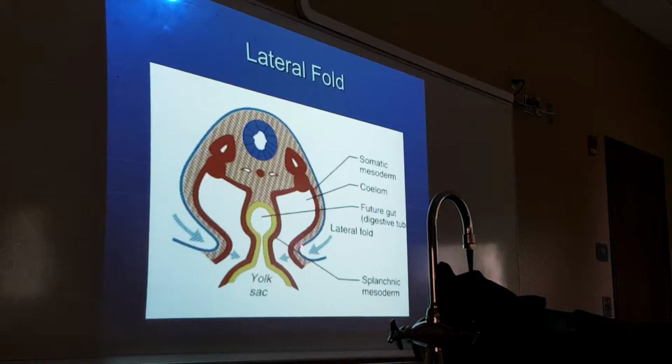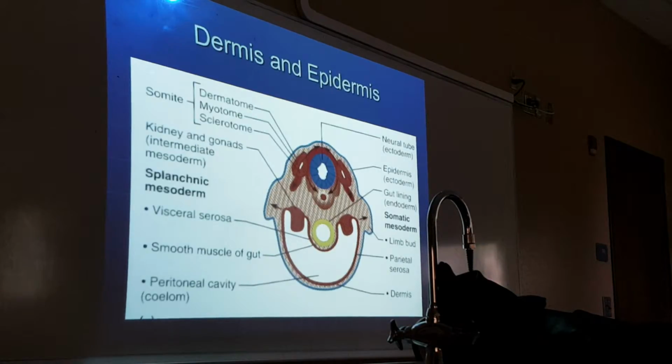And when it does, the amnion will have been pulled completely around. And there we see the ectoderm is pulled completely around. Are we showing the amnion here? No. Okay. The amnion's out here surrounding the entire structure now.